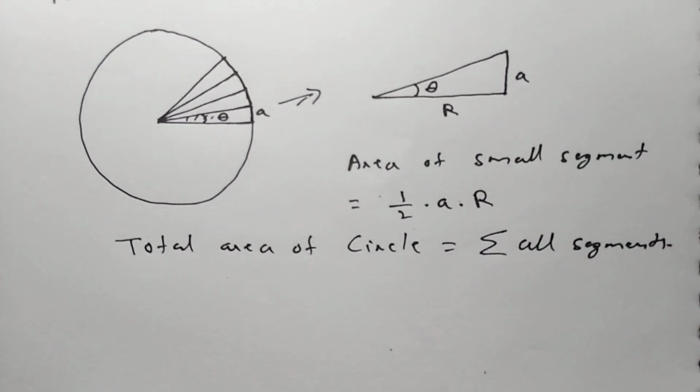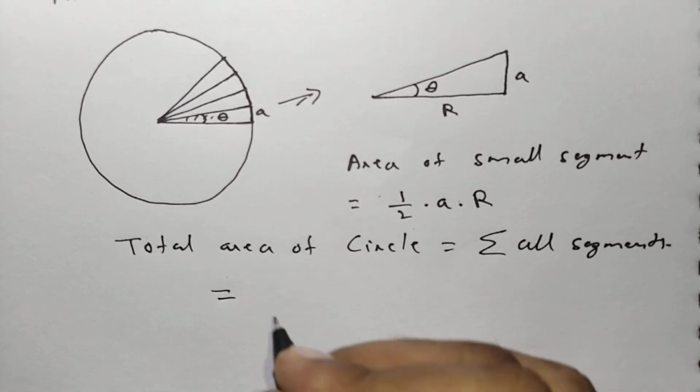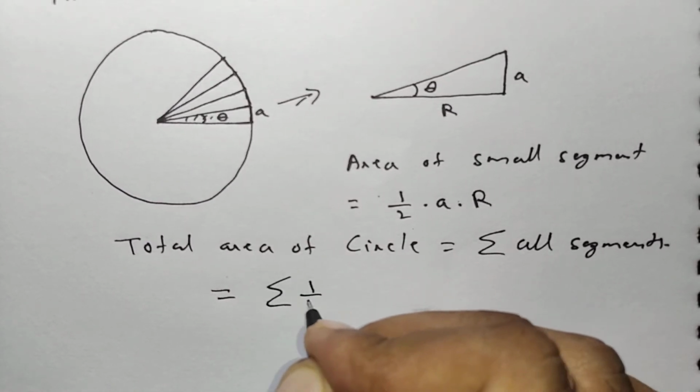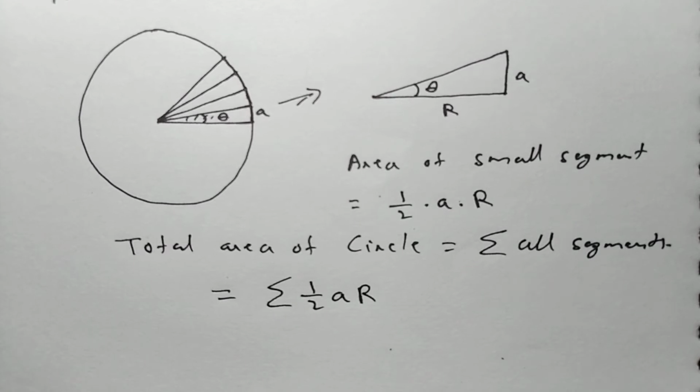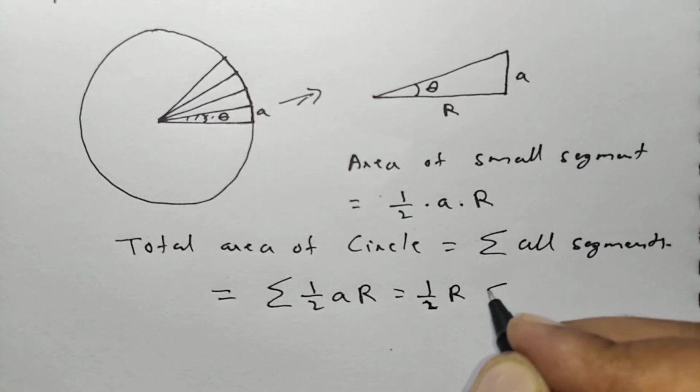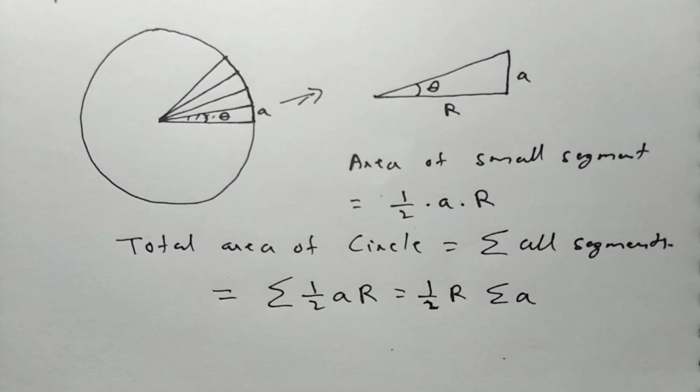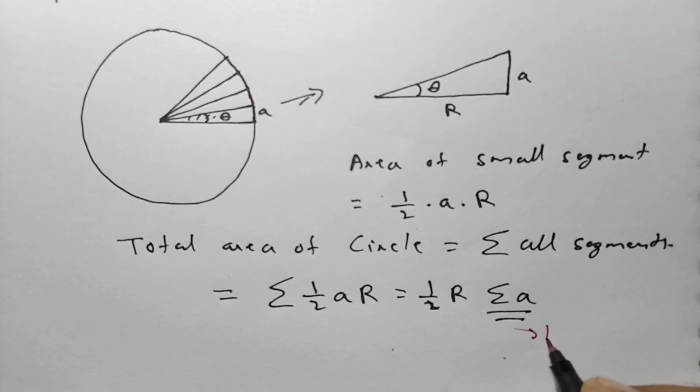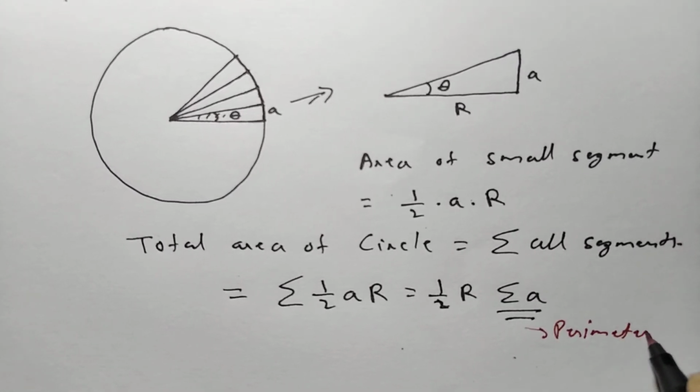Therefore we will get total area of a circle equal to summation 1 by 2 a r, that is 1 by 2 r will be taken out, and we have summation a. And we know that this summation a is our perimeter, which we have already calculated.